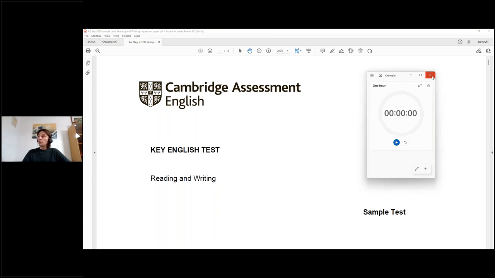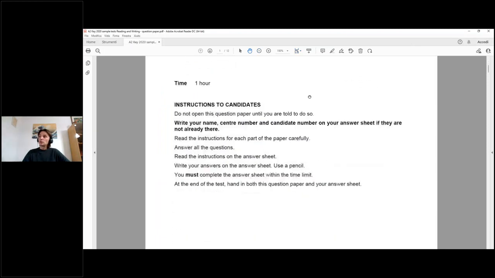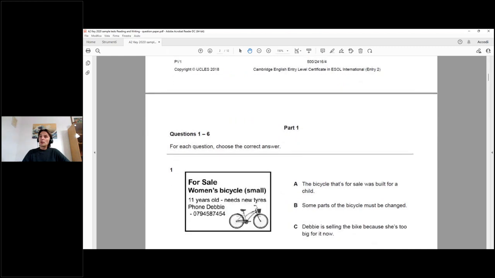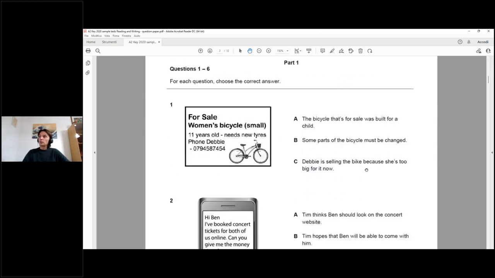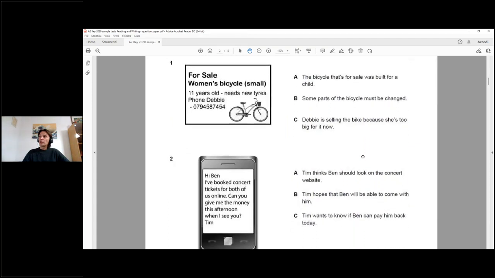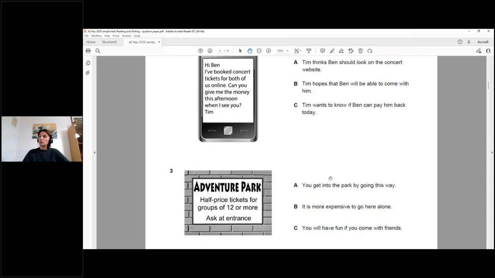It shouldn't have been too difficult. So it was 12 pages long, right? As I showed you, you had the part 1, right? Choose the correct answers. The correct answer, pardon, singular.